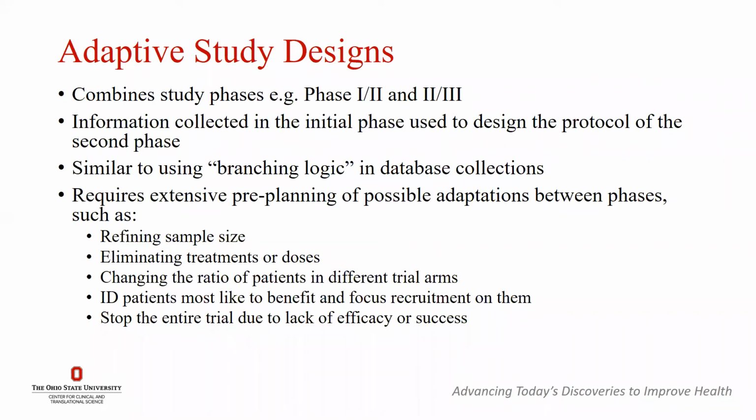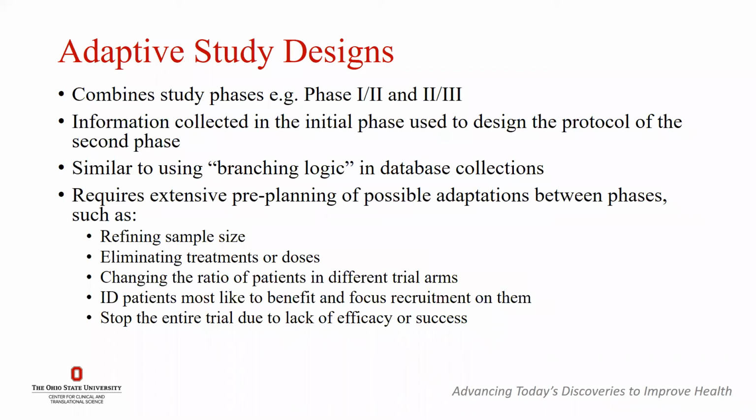It's very similar to using branching logic in databases. So if this happens, then this is what we're going to do. Or if this happens, then we'll go in this direction. It does require extensive pre-planning for how you're going to adapt, really looking at your sample sizes and things like that. It can change the ratio of patients in the different arms.